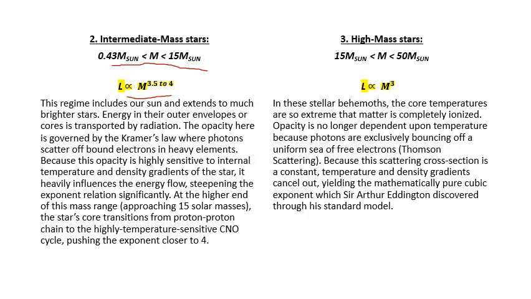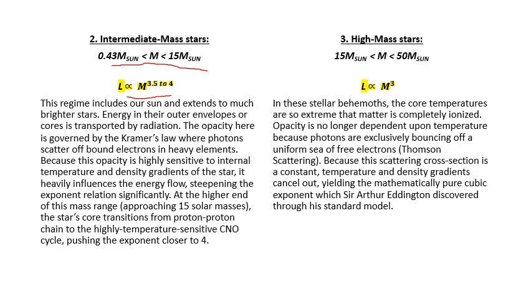Due to these heavy elements and the electrons that are bound to them, there is some scattering of the photons. Therefore, the scaling relation also varies. Also, this opacity is highly sensitive to the internal temperature and density gradients of the star. It heavily influences the energy flow from inside the star to interstellar space, and it leads to a significant steepening of the exponent.